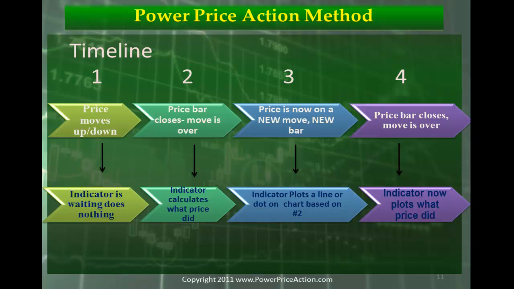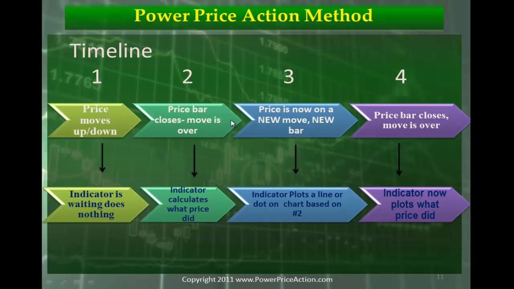And then we have here in number two, the price bar closes and the move is over. And only after the move is over, whether it went up or whether it went down, that indicator that you're following is now calculating what price did. What just occurred is that the move up or down is finished, and now you're trading off of information that has already happened. So you're late.